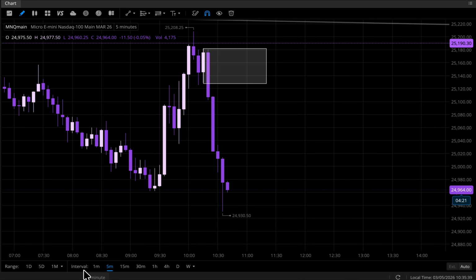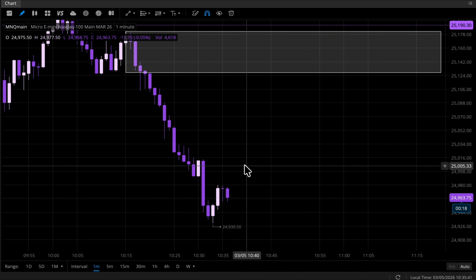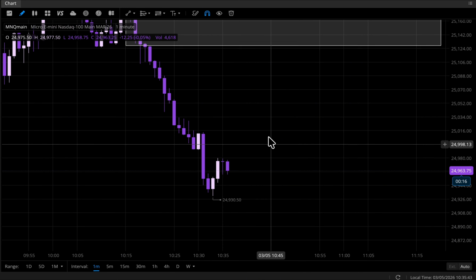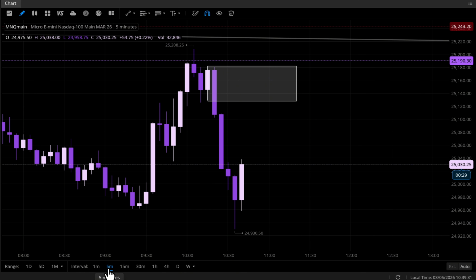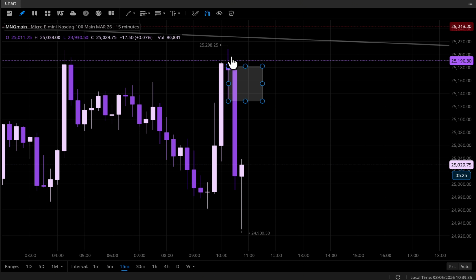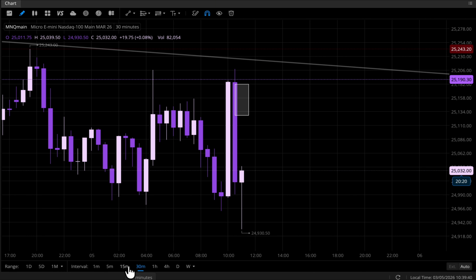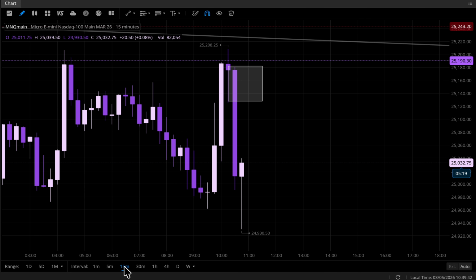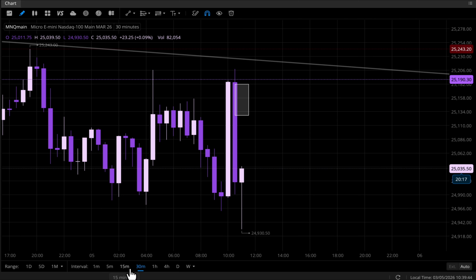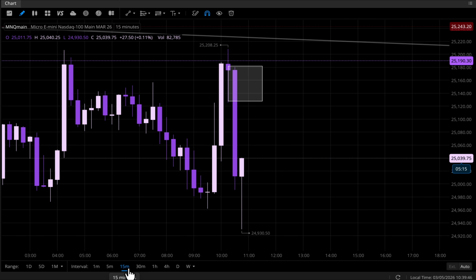What is the 1 minute showing us? Didn't even come back for this zone. Because I don't see another zone. I mean, on the 15th, this is a zone.